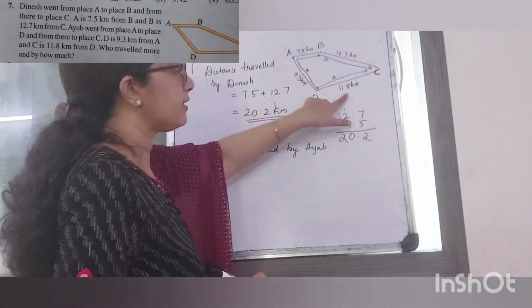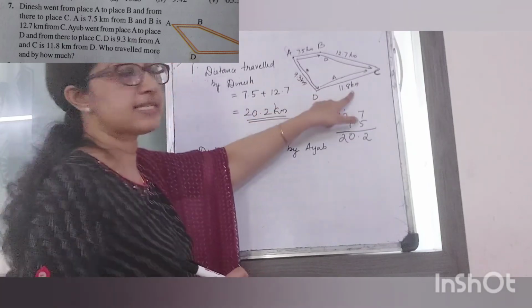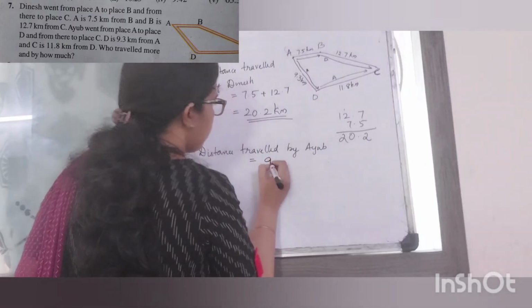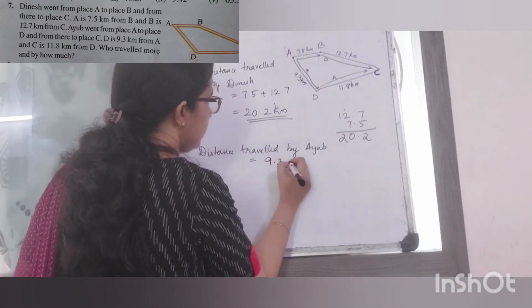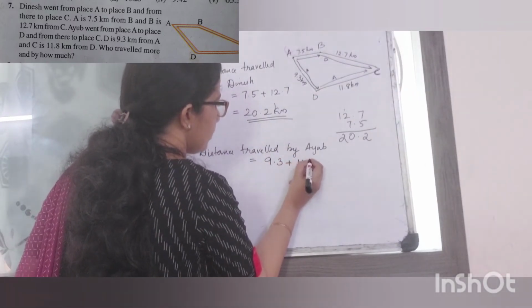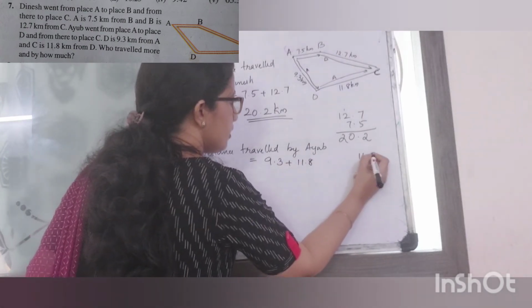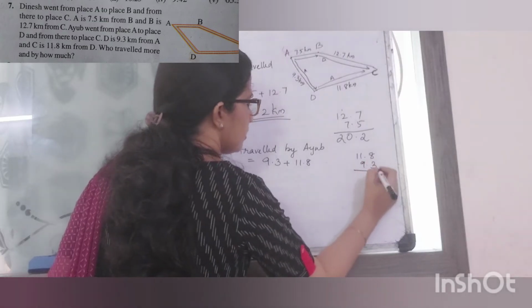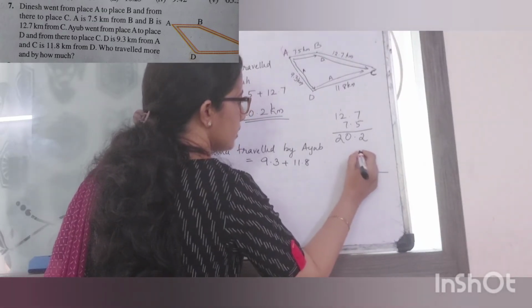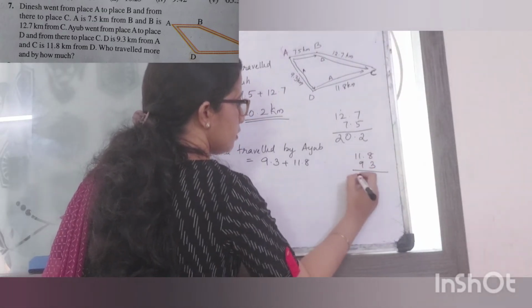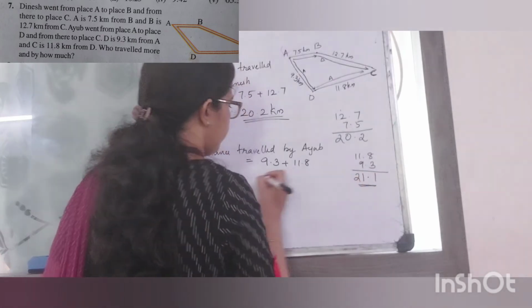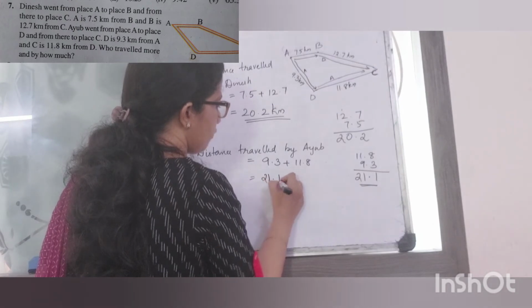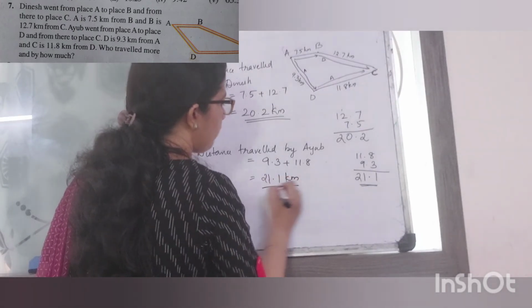So we have to add these two, 9.3 plus 11.8. 9.3 plus 11.8: 11, 1, balance 1, 11. 21.1. So the distance traveled by Ayub is 21.1 kilometer.